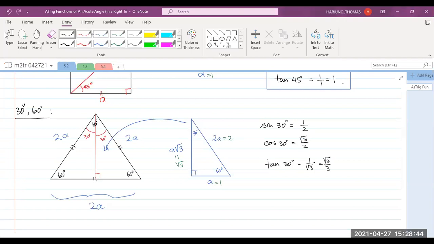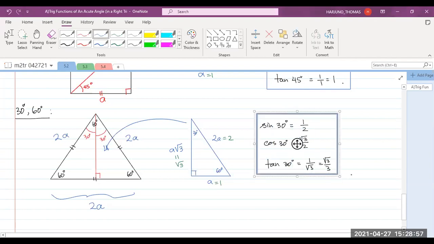Now that's the trig values of 30 degrees. Memorize this. Now, likewise, using the same triangle, we can get sine 60 degrees, which is the opposite of 60 degrees, radical 3 over hypotenuse 2.